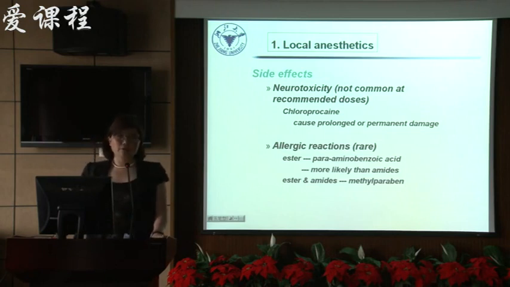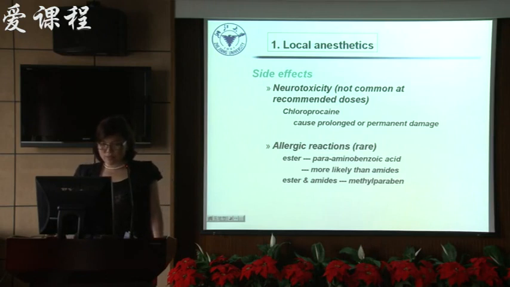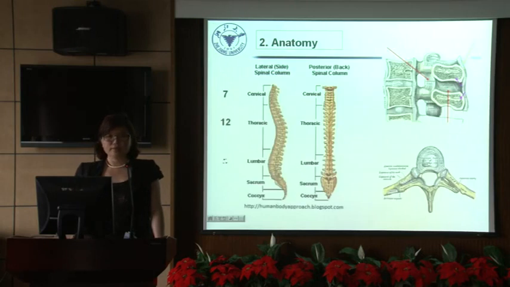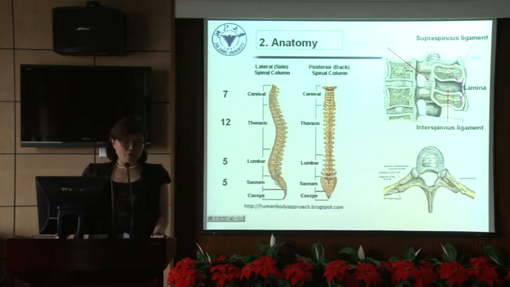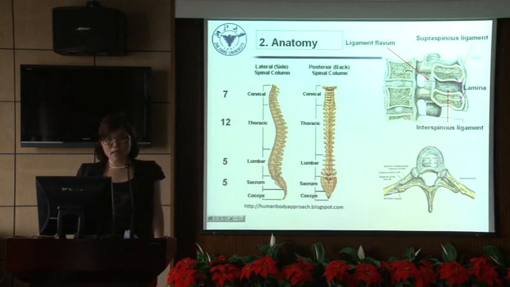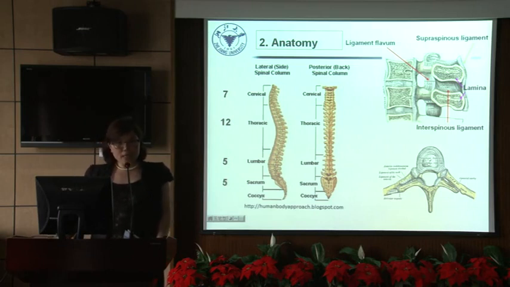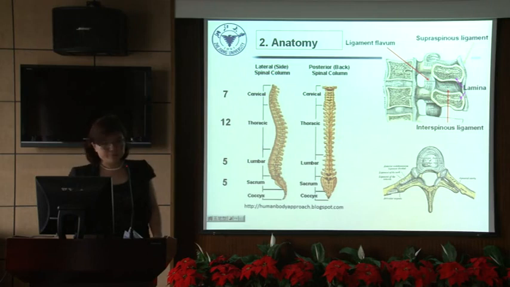And if patients suffer from local or systemic toxicities, we should give treatment immediately. And usually, the common treatment is first we should maintain hemodynamic stability and proper ventilation, and then we can give some medication.